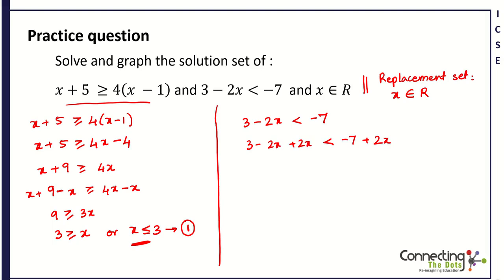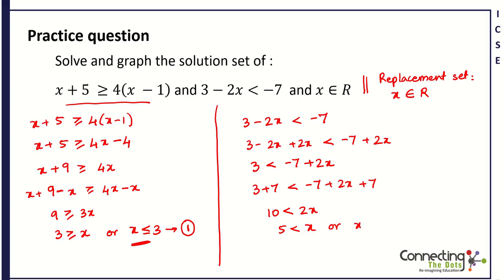I have added 2x to both sides, so I end up with 3 is less than negative 7 plus 2x. The next step is to add 7 to both sides of the inequation. So it becomes 3 plus 7 is less than 2x, which gives us 10 is less than 2x, so 5 is less than x, and this can even be rewritten as x is greater than 5.